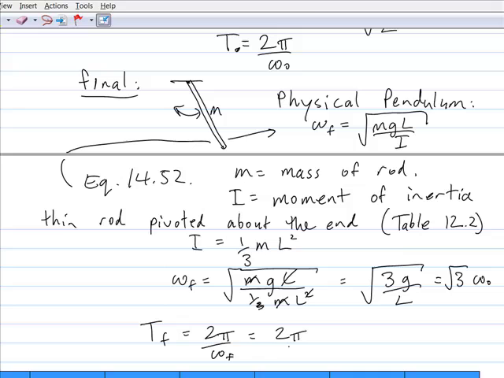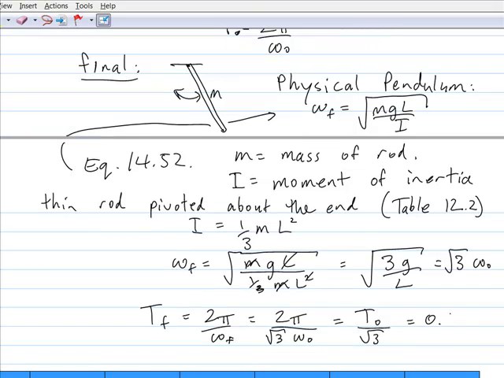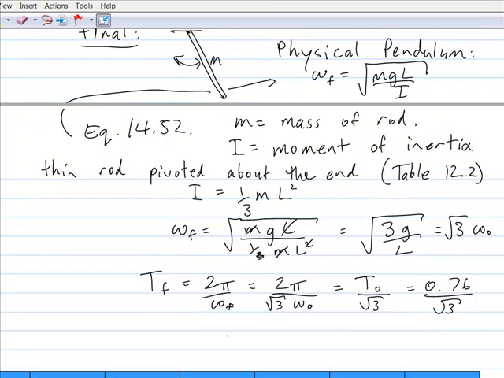So it's 2 pi over square root 3 times omega naught. So this was the old period, so it's just equal to the old period divided by square root 3. And we have the old period, so it's 0.76 divided by square root 3. So I got, on my calculator, 0.44 seconds.